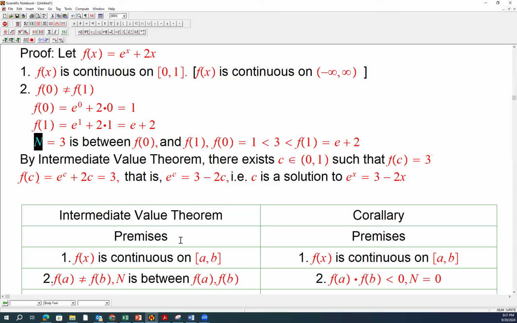And third, you just apply the theorem. When you apply the theorem, you must use the same wording. You need to say there exists. This phrase is necessary. And the rest of it is mainly to make it easier for the reader to understand. Look, e to the power c is 3 minus 2c. That demonstrates that c is a solution to the equation.